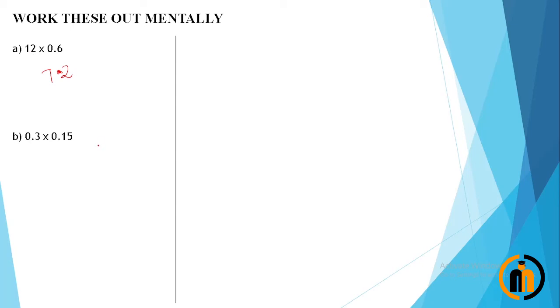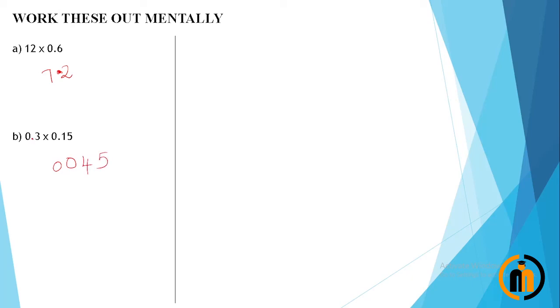0.3 times 0.15. So how will we do this? Usually we do the normal multiplication. It is 0.3 times 0.15. We write it as 15 times 3, which is 45.